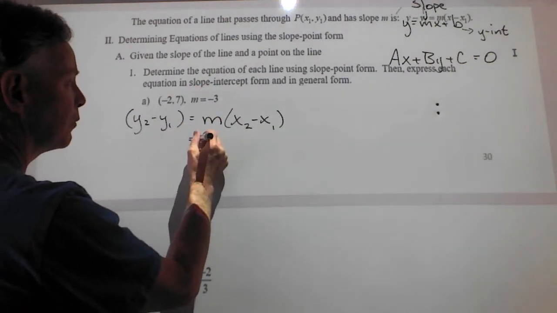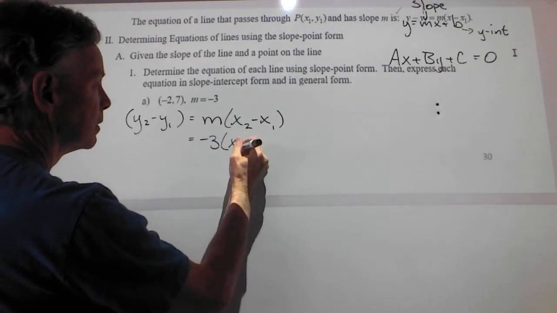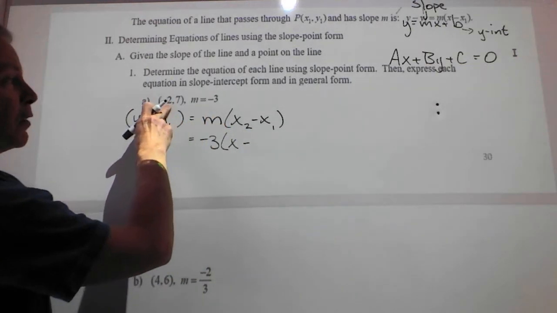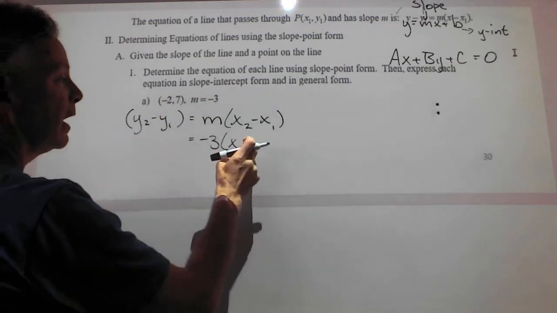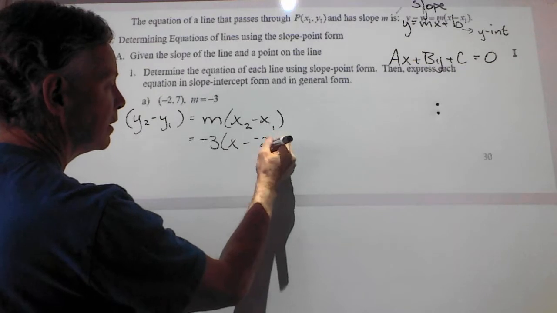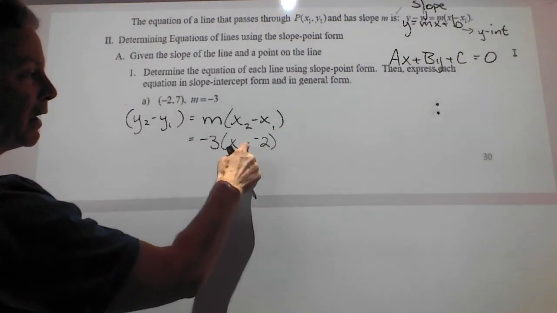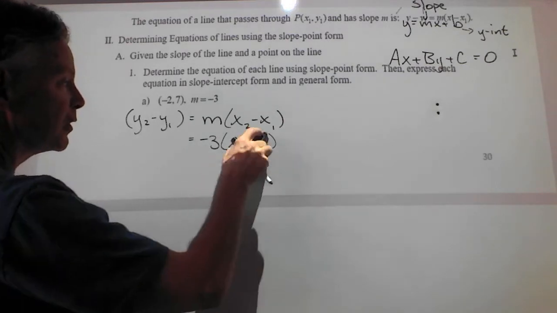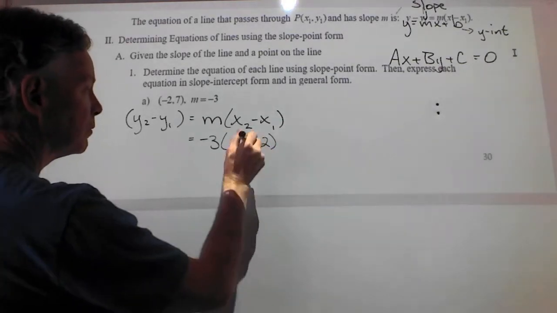Plug in our known values. We know that the slope is negative 3. We know the value of our x1 is minus 2. And so when we plug that in as minus 2, you'll notice what happens. You have minus a negative, which is more simply written as plus.